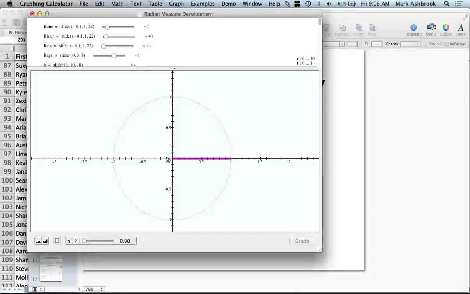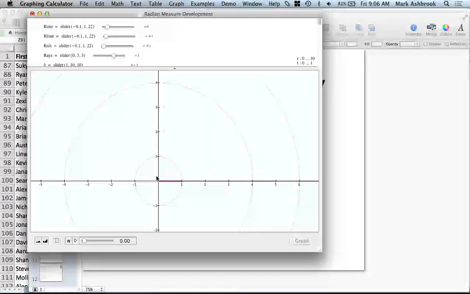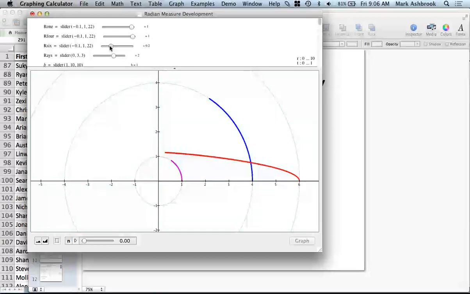Good. Okay. We saw that if you zoom out here. We saw that if we took the radius and put it on the circle, but then did that for different circles, what happened? So these are all 1 radius length wrapped on their circle.